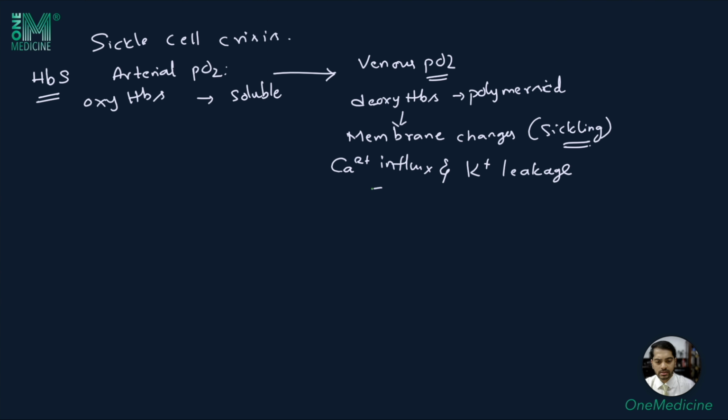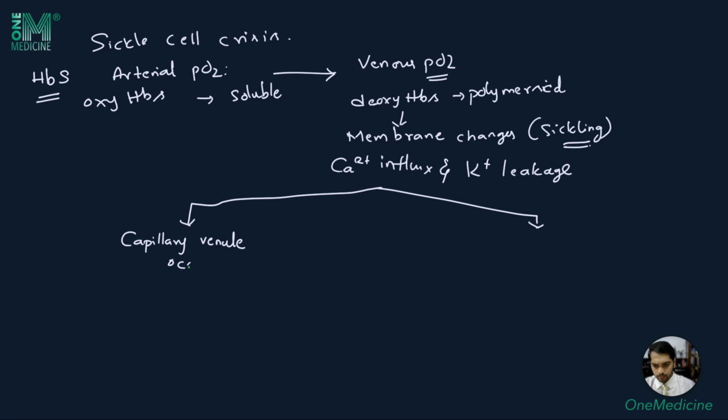This has two effects. First one being capillary venule occlusion due to misshaped RBCs. This can cause microinfarctions. It can also cause ischemia.